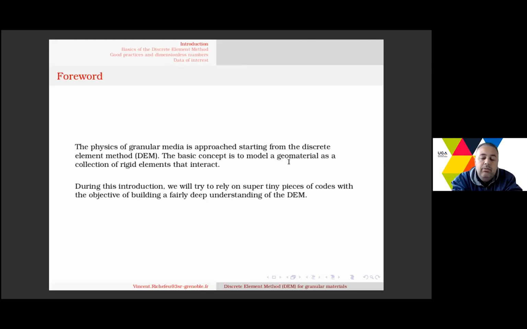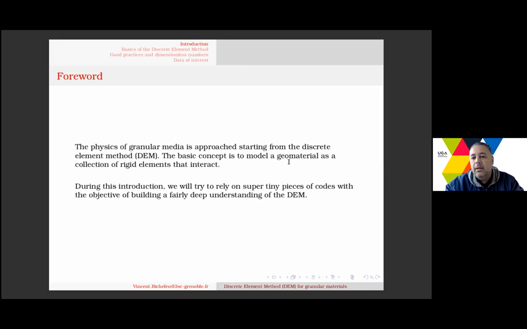During this introduction, I will show you some pieces of code. They are small parts of code written in JavaScript, but actually, we do not care about the fact that it is written in JavaScript. It is just because with this language, I can display things easily.